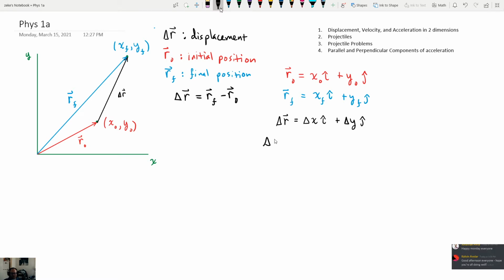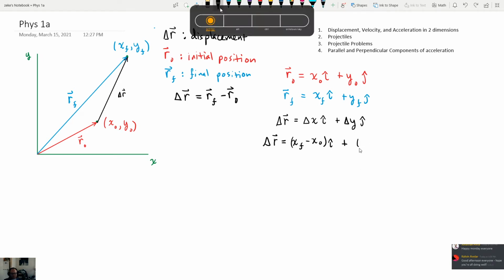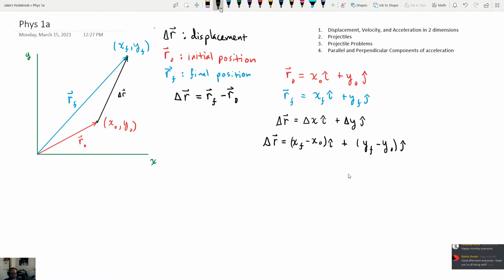Or the other way to write it out, in terms of all the individual coordinates, would be delta x is x final minus x initial, just the x displacement, times i hat, and delta y is y final minus y initial, times j hat. Okay.